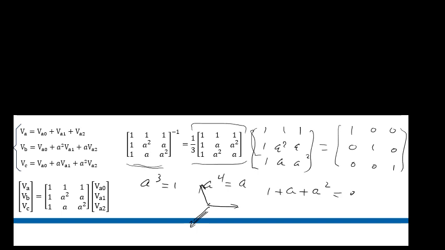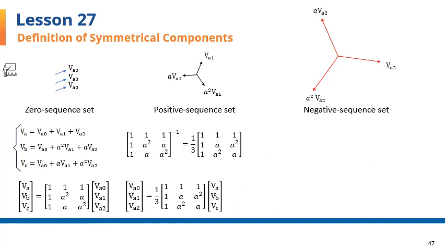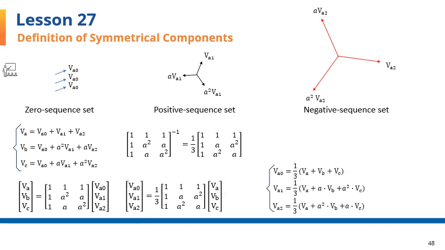But I will multiply both sides of this matrix equation by this inverse. In doing so, this turns into an identity matrix, I3, and that will give me VA0, VA1, VA2 in terms of VA, VB, VC. And to see the relationship between the two sides, I'm going to expand the matrix equation into three different equations, and that's shown here.